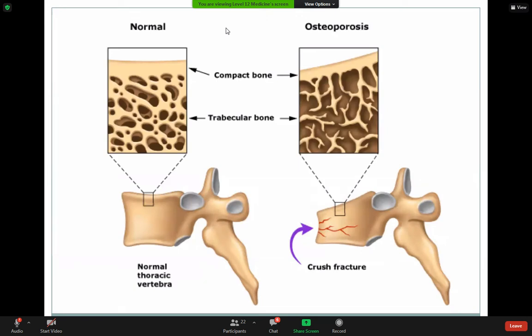So this is why patients develop kyphosis if they have osteoporosis. You can see how, again, the honeycomb appearance, the trabecular bone in osteoporosis is decreased, so the vertebrae become weaker, and they have these crush fractures or compression fractures. And when you have several compression fractures adjacent to each other, the whole spine goes into kyphosis, forward bending.